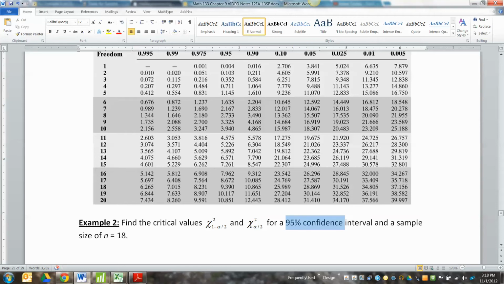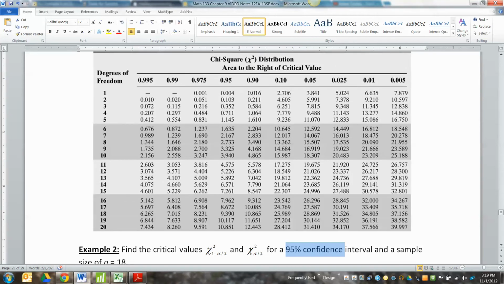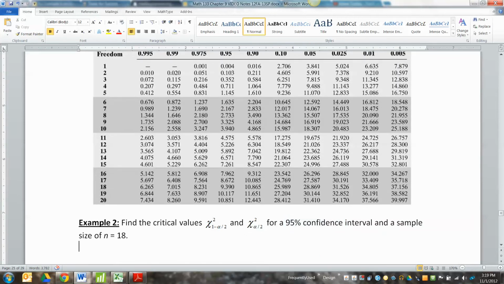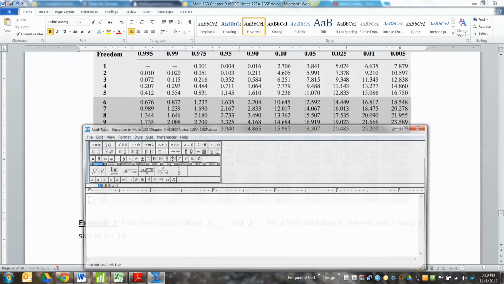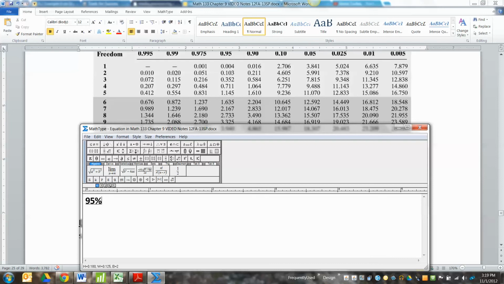All right, so a 95% confidence and a sample size of n equals 18. Now, I'm going to do this a couple ways. I'm going to do it from the table, and then I'm going to go do it with technology as well. But before we even get into any of that, we kind of need to do a little background here. If it's 95% confidence, that means that alpha is equal to 0.05, right?